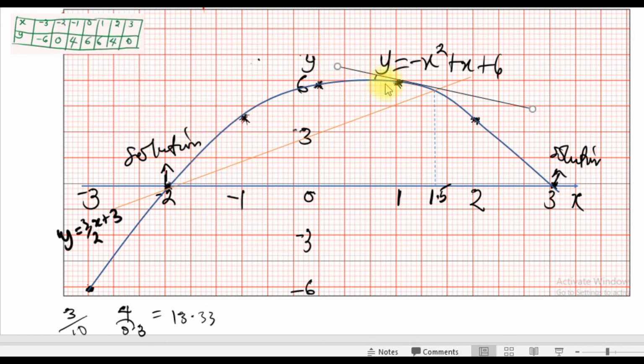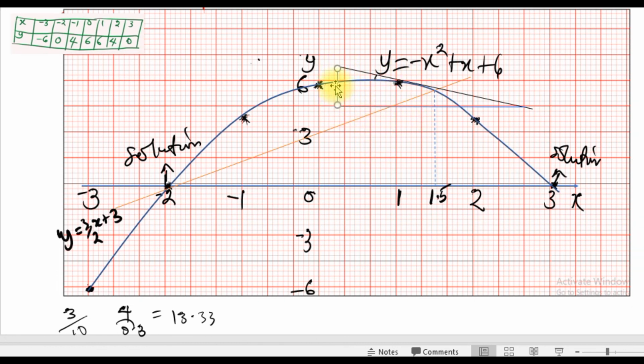So let's now form a right angle triangle with the line. This is my change in x, so that's my change in x.